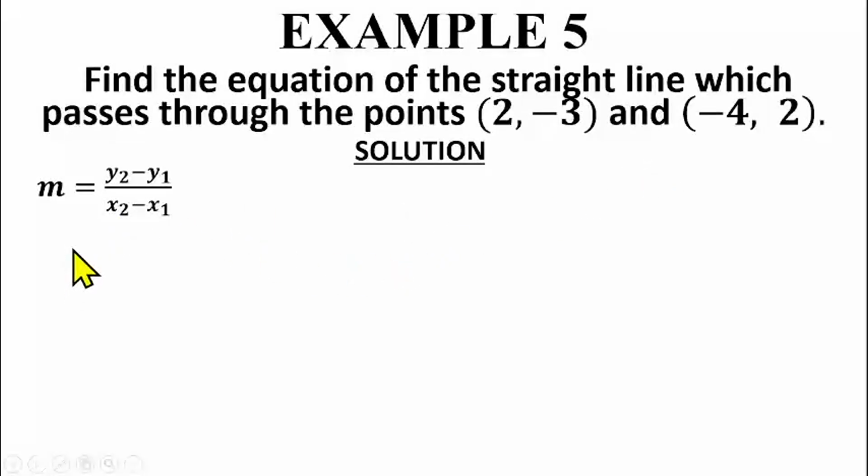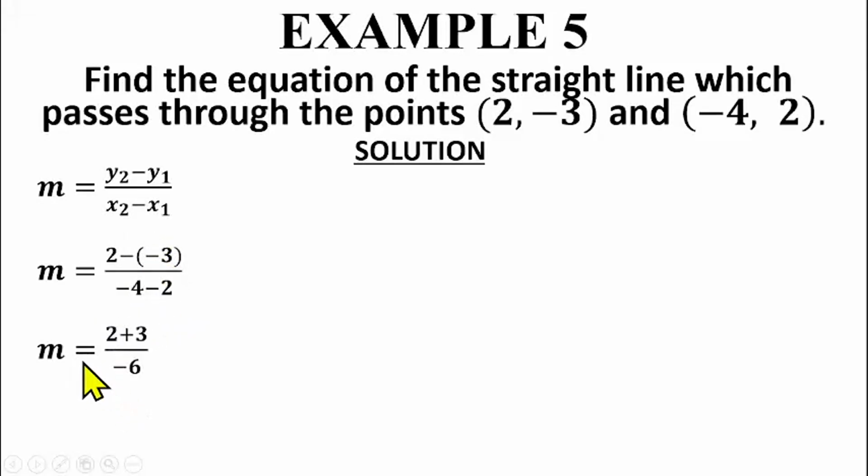So our gradient is going to be, our y2 is 2, our y1 is minus 3. So we have 2 minus open bracket minus 3 over our x2 is minus 4, and our x1 is 2. So we have minus 4 minus 2. Minus times minus gives us plus. So we have gradient equals 2 plus 3 over minus 6. And then that means the gradient will be equals to minus 5 over 6. So the gradient of the straight line is going to be minus 5 over 6.